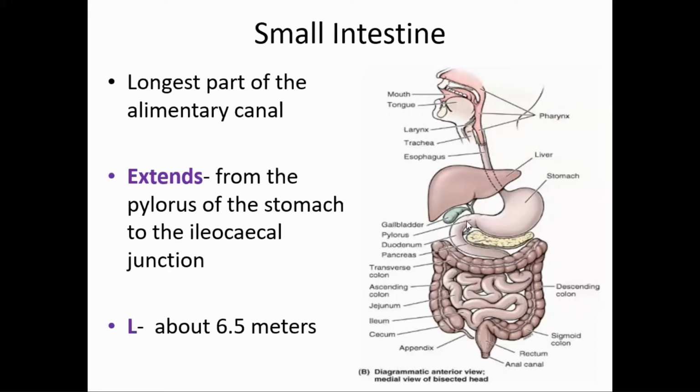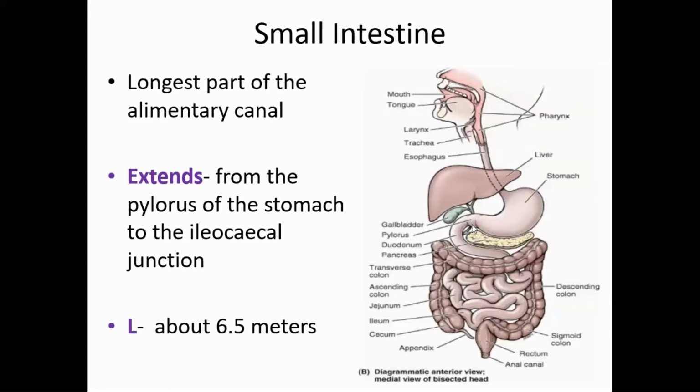The different parts of the intestine are the duodenum, jejunum and ileum. The duodenum is about 25 centimeters in length. So what are the important features of the small intestine? There is the presence of circular folds. Their function is to slow the passage of the contents.